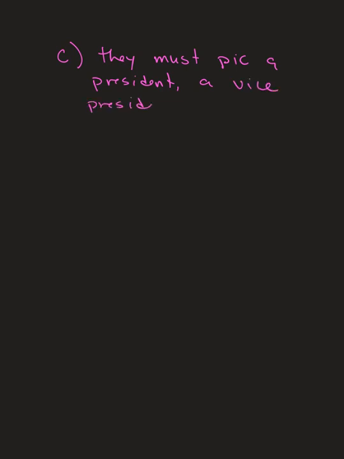All right, so for one last look at this problem. For C, we're still going to be picking 4 members from 28. But this time, they must pick a president, a vice president, and 2 regular members.